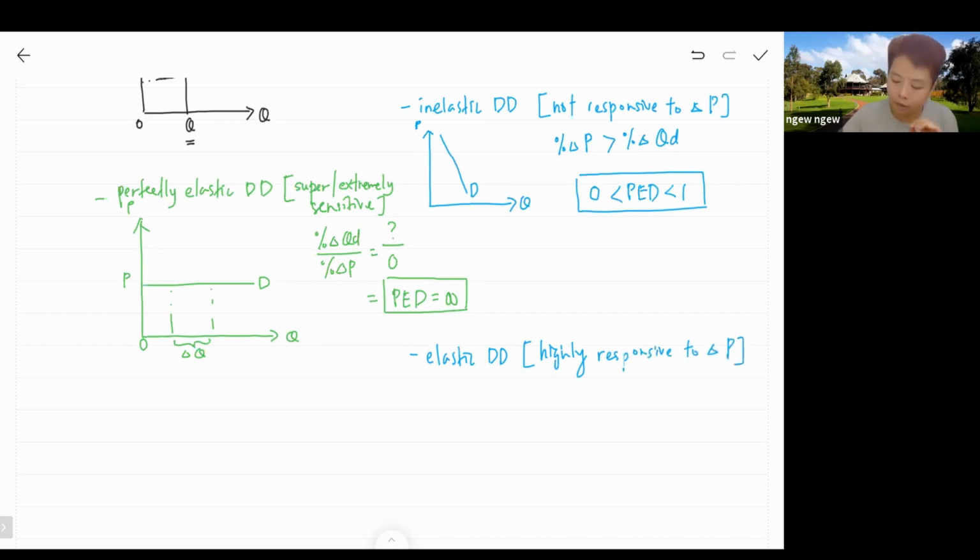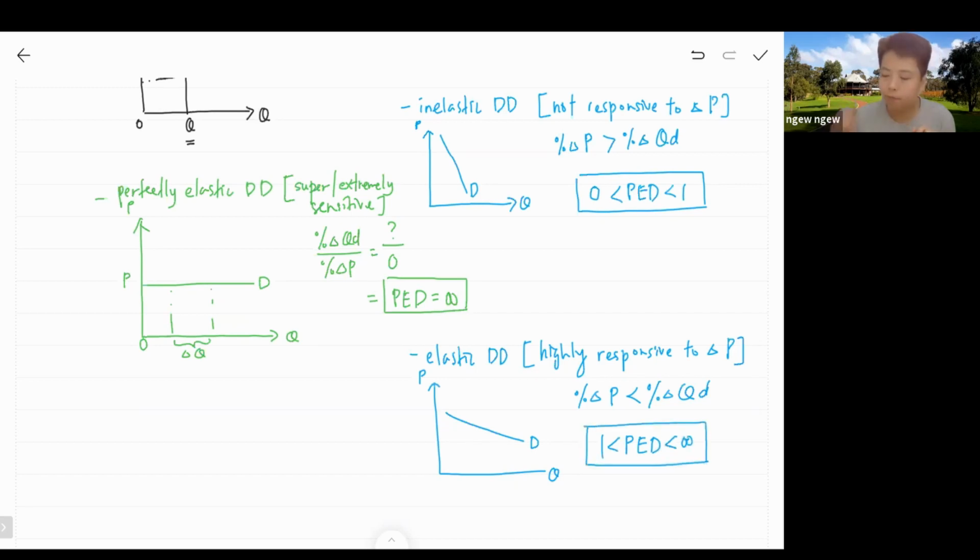Okay, and just now we also showed this diagram. The diagram is much flatter, indicating that the change in price is smaller than the change in QD, because the price changes by a little bit, the QD will change by a lot. And therefore, the PED value will lie between 1 and infinity. I mean, any defined value.